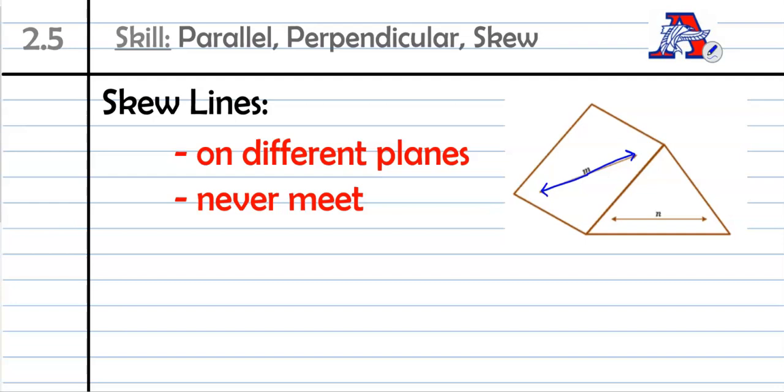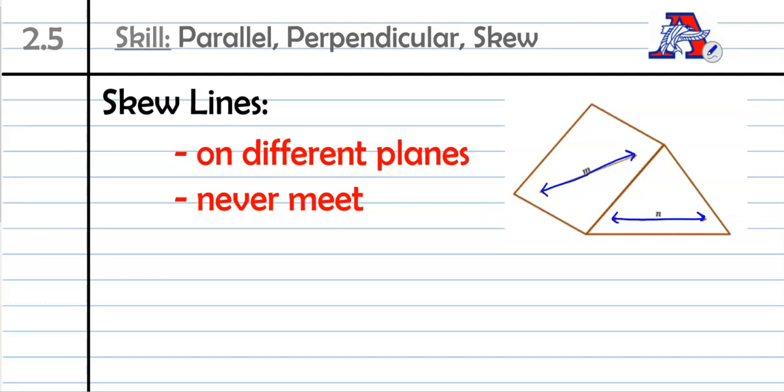This would be a triangular prism. We'll get to that later this year. But line M is on the left side and line N is on the front side. And if you can picture that, those lines are never going to meet. It's impossible for them to meet, but they're not parallel. They're on a different side of the three-dimensional world. So that's why we call them skew lines.